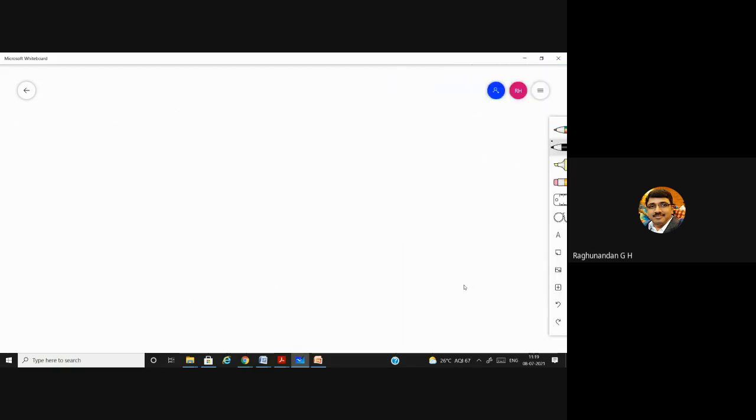Let us take one more. (A bar plus B bar) into (A plus B). Now A into A bar, plus A bar B, plus A into B bar, plus B into B bar. So A into A bar is 0, B into B bar is 0.